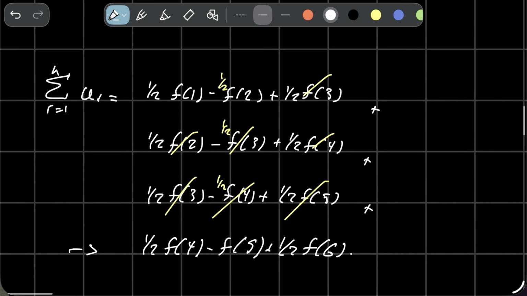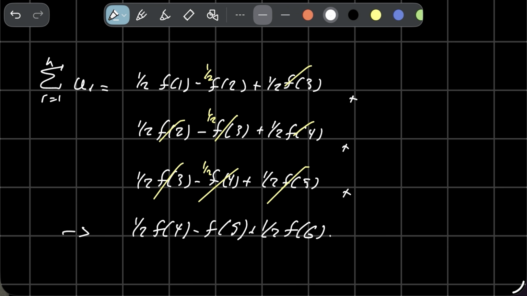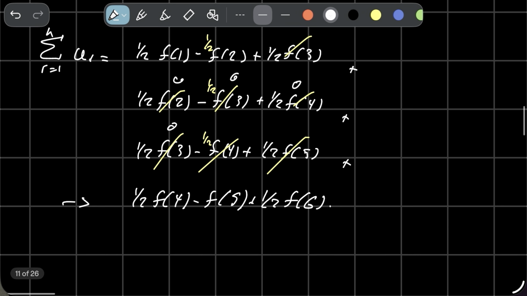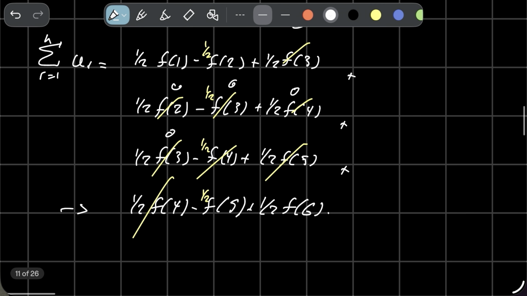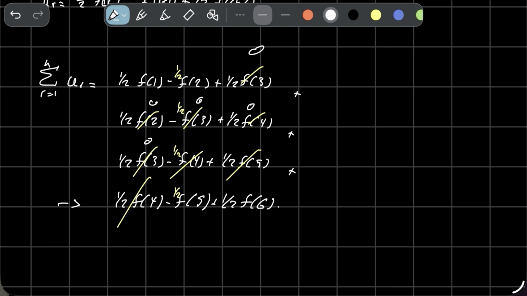Let's just get back 2 steps and see what happens if we stopped at the fourth step. Of course, we have half f1 minus half f2 plus 0, since this was cancelled and negated, and 0, 0, 0, 0. The minus half of f5 here will take down this half, and the minus f4 here will be taken all down. Therefore, what do we have left?